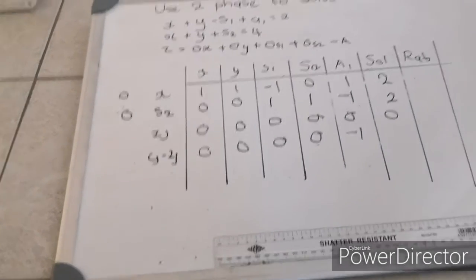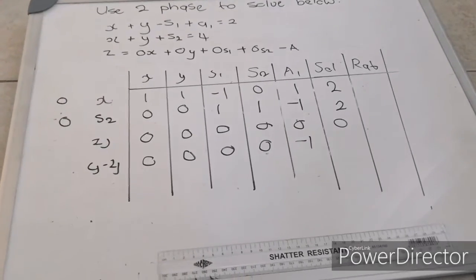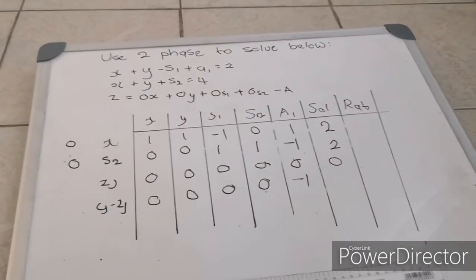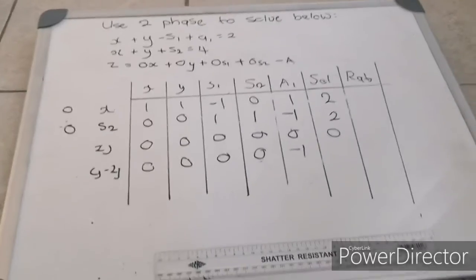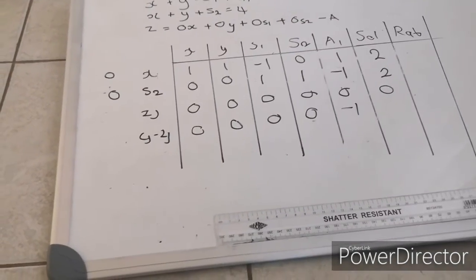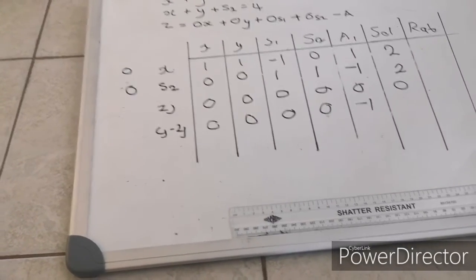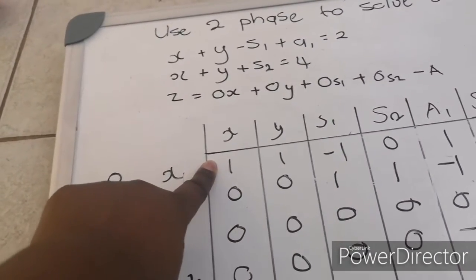So basically, aside from your pivot point, which is equal to 1, all the fields above the pivot point need to be 0. And that's basically what we've done. So now that we've established the value of 1, which is that right there, all of these are zeros.